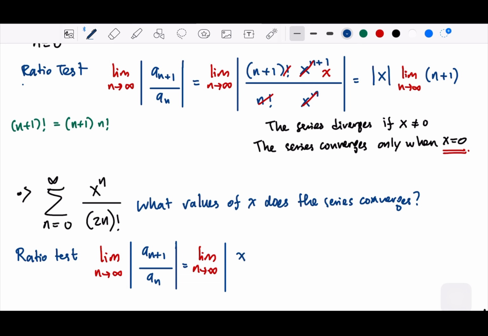So this will be x to the n plus 1 over, now you need to be careful here, 2 times n plus 1, and then factorial. And this is multiplied by 2n factorial and x to the power of n.